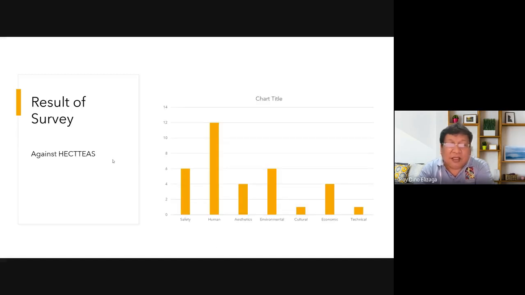No? That in the end, it's human issues which are the most, followed by safety and environmental. Then aesthetics comes second, third, together with economic, and then there's a bit of cultural and technical issues. So I tried to group the earlier answers to this.